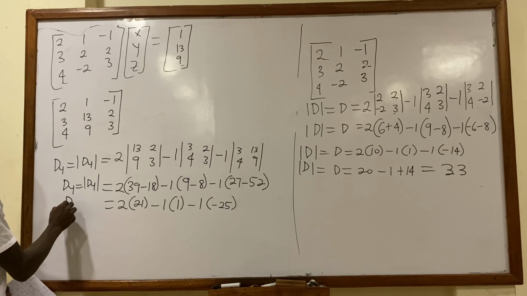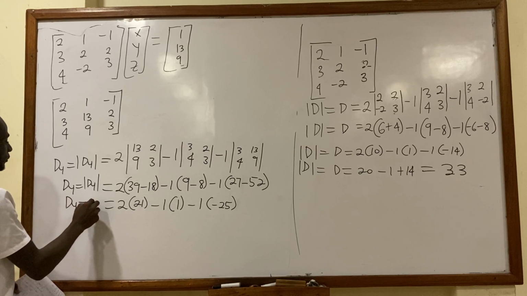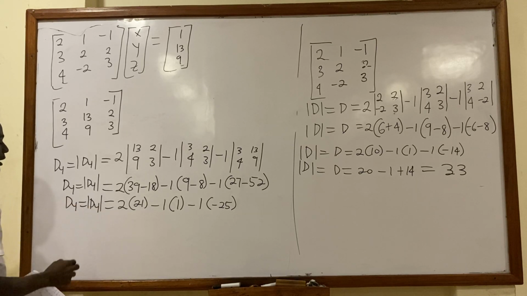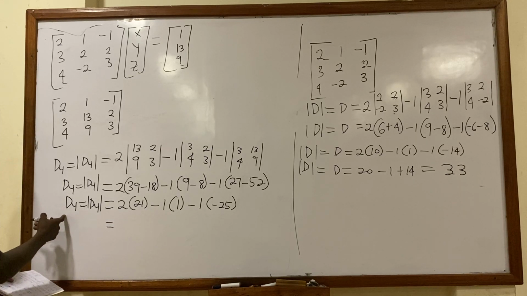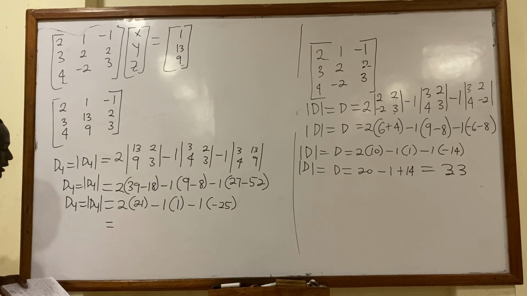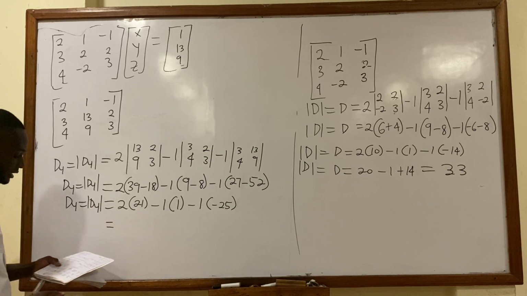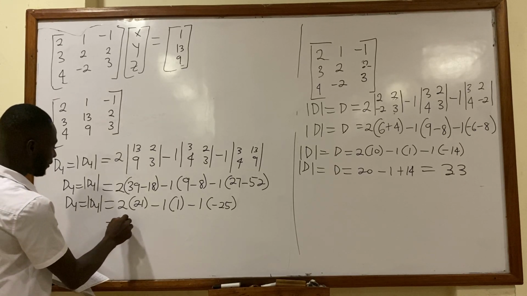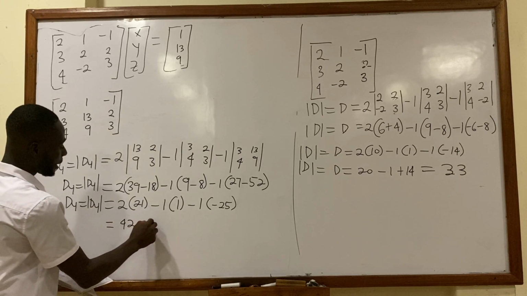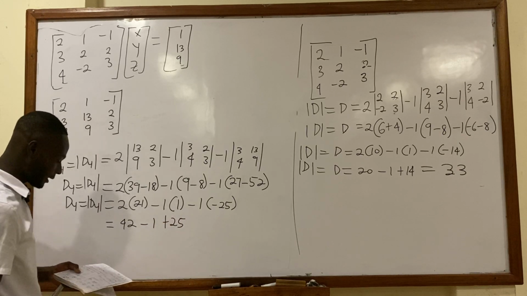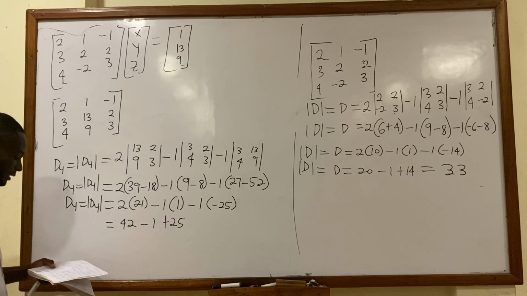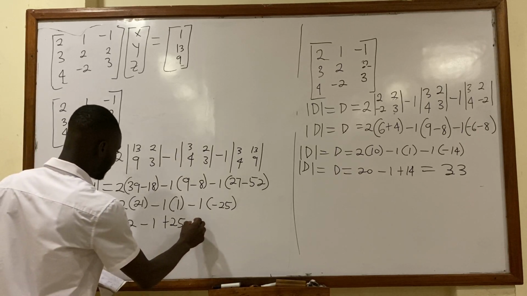So the determinant of dy is equal to 42 minus 1 plus 25, right? So this is basically going to be 66.